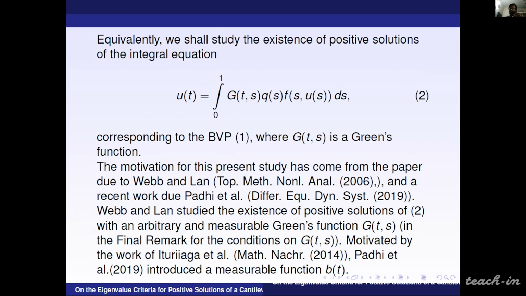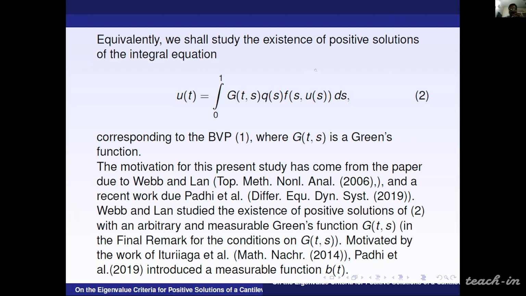So what we've done here, the idea we have taken from this, the motivation we have taken from the work of Iturriaga and our work in 2019, we have introduced a measurable function B(t). That measurable function B(t) depends completely on f.